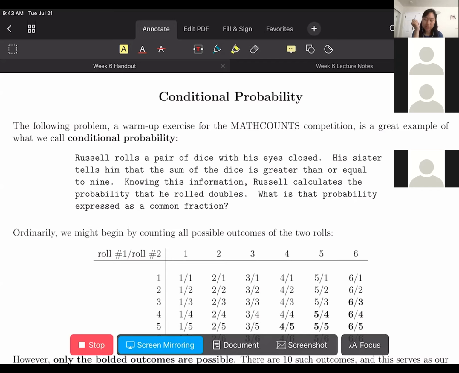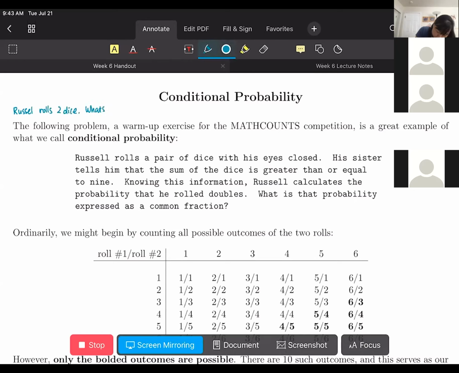What would you guys say? Well, it'd be all the sums that are greater than or equal to 9. And then we'd also find the total number of combinations we can have, which we already know is 36.